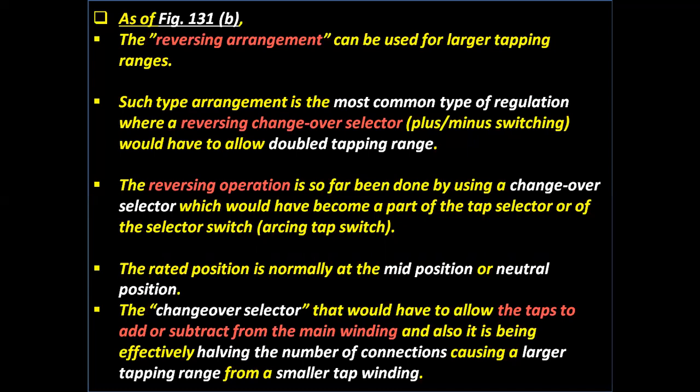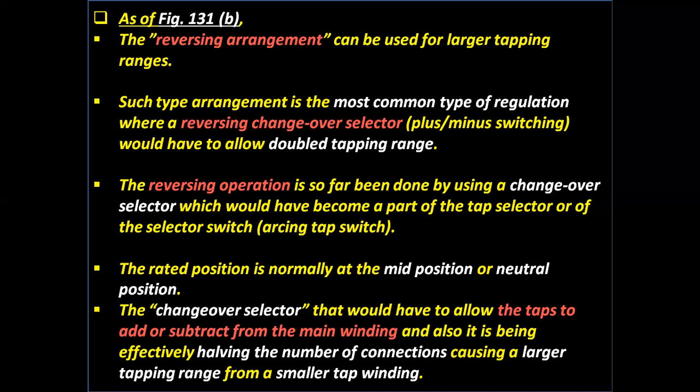The reversing operation is done by using a changeover selector, which becomes a part of the tap selector or of the selector switch, arcing tap switch. The rated position is normally at the mid position or neutral position.